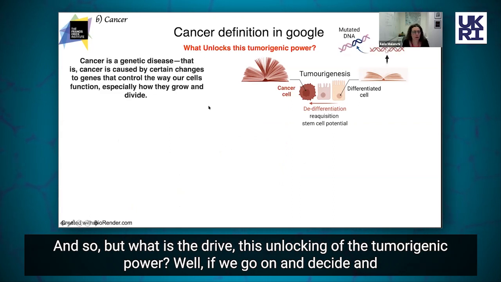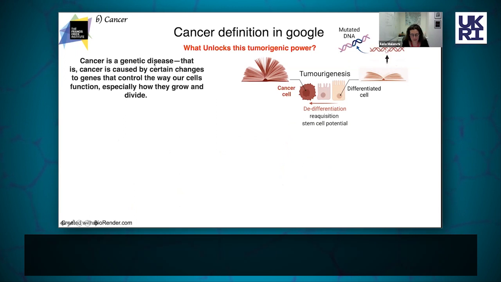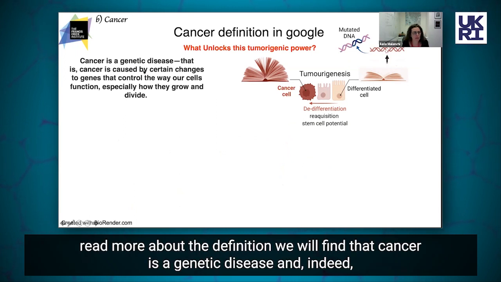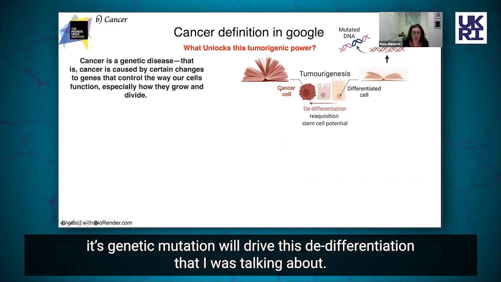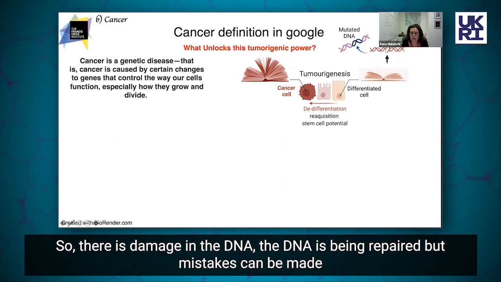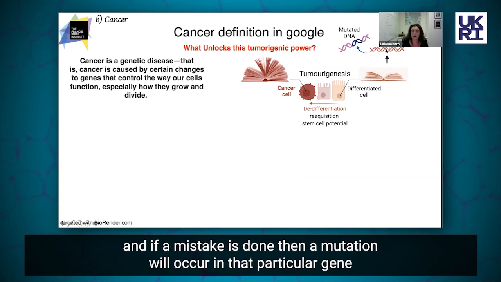Well, if we go on and read more about the definition, we'll find that cancer is a genetic disease. And indeed, it is genetic mutation that drives this dedifferentiation that I was talking about. So there is a damage in the DNA. The DNA is being repaired, but mistakes can be made. And if a mistake is made, then a mutation will occur in a particular gene.